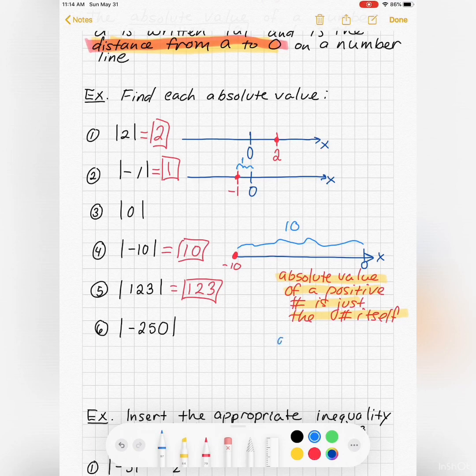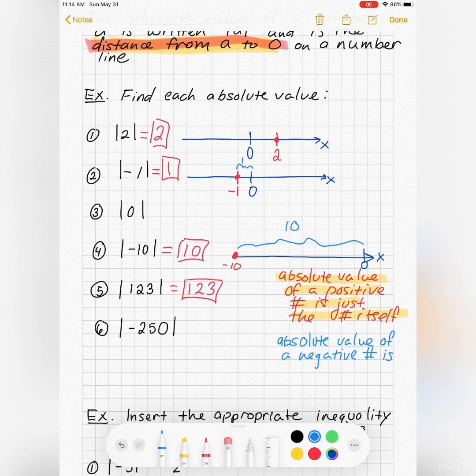So what about the absolute value of a negative number is, how should I phrase this? So, like the absolute value of -1 is +1.